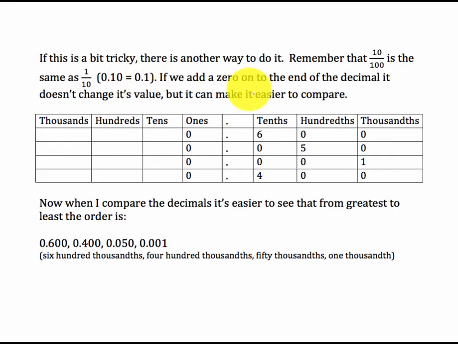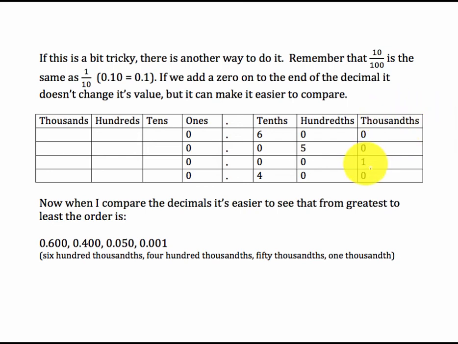So knowing that, if I plug zeros onto the end of my 4 decimals here so that they all go to the thousandths column, then it's much easier to compare them, right? So instead of 6/10ths, I just plug a couple of zeros on, so now it says 600 thousandths. Instead of 5/100ths, the original decimal, I put a 0 onto the end. Now it says 50 thousandths.